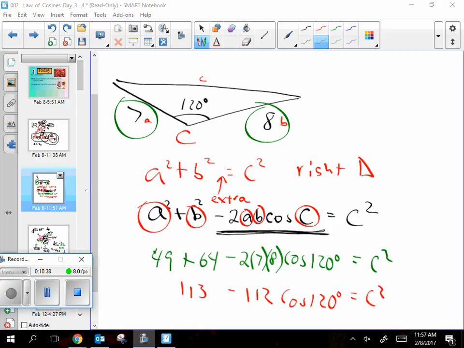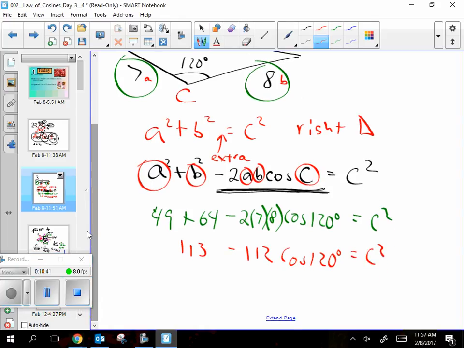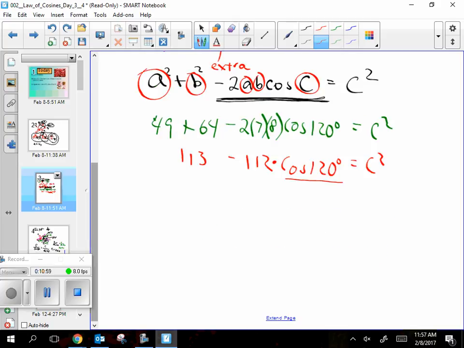Now, I had some kids last hour, they were saying, why can't you just subtract 113 minus 112? It would be so much easier. You can't do that. This is multiplied by a number, and in the order of operations, you have to do multiplies before you subtract. So I need to do 112 times cosine of 120, and then I take 113 minus that.